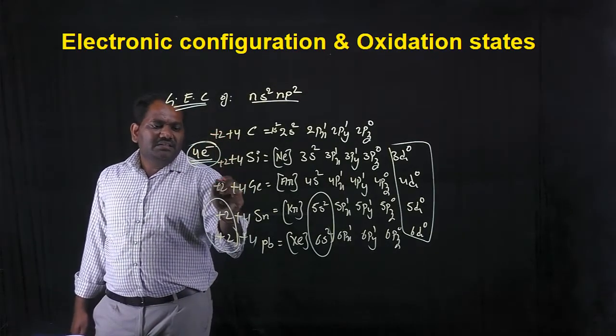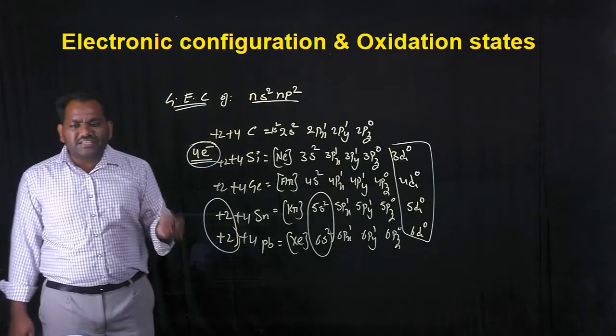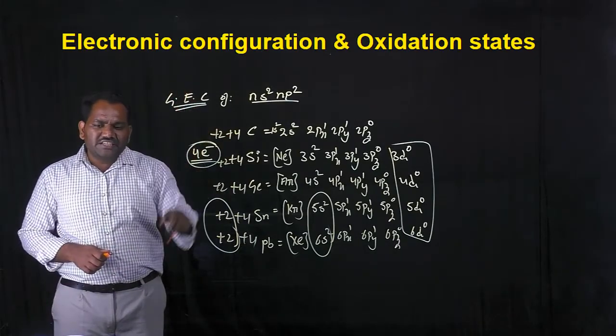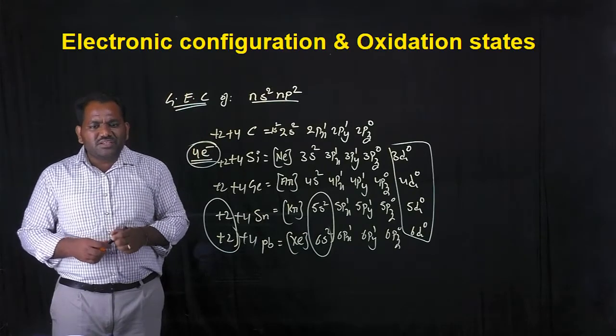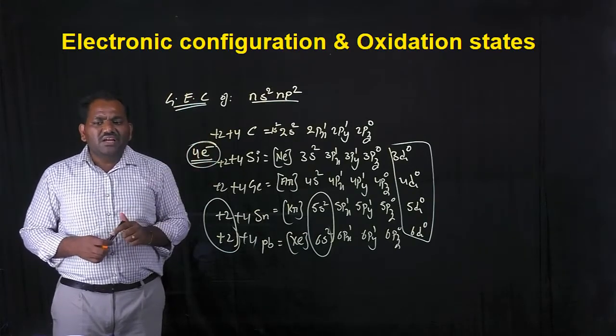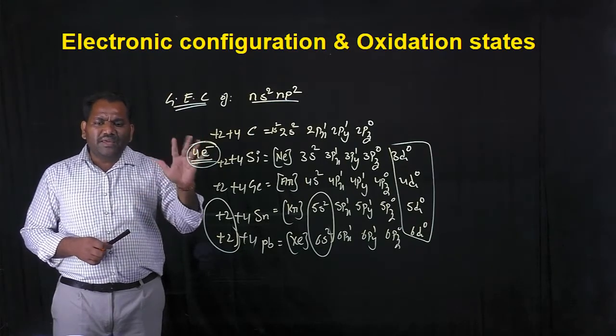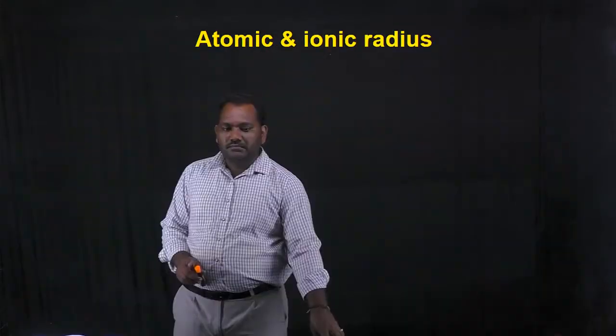The +2 oxidation state increases from top to bottom, but the +4 oxidation state decreases. This is about the electronic configuration and oxidation states of 14th group elements.